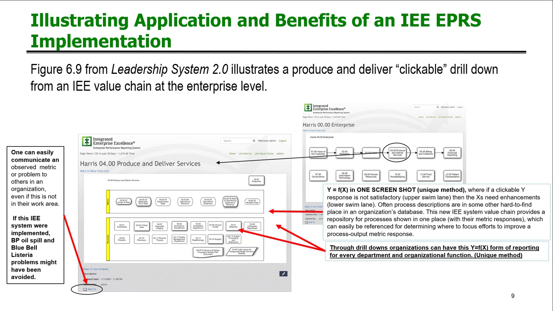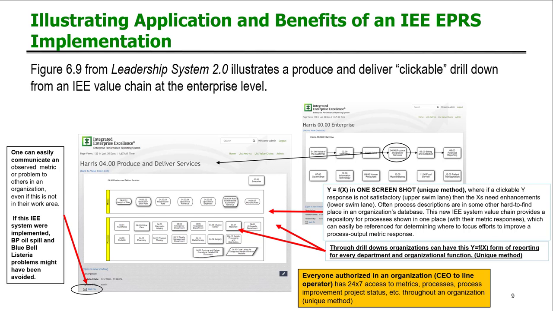If this IEE system were implemented, BP oil spill and Blue Bell listeria problems might have been avoided. Everyone authorized in an organization, from the CEO to the line operator, has 24/7 access to metrics, processes, process improvement, project status, etc. throughout an organization using this methodology.